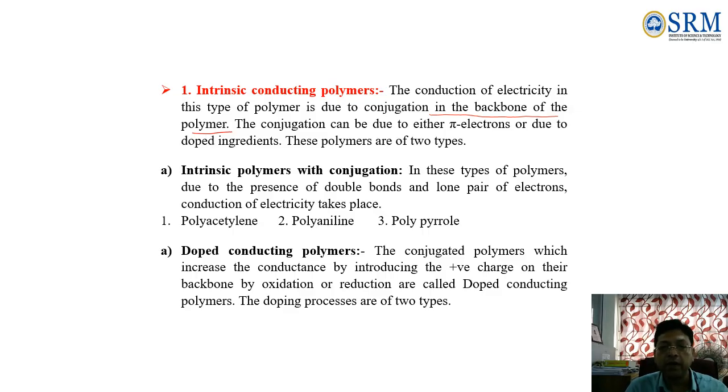The examples are polyacetylene, polyaniline, polypyrrole, etc. But whenever we add some dopants, the oxidation or reduction of the backbone takes place, and therefore there is a creation of positive or negative charge in the polymer backbone, and that leads to the enhancement of the conductivity. So these are referred to as doped conducting polymers. The doping process is also of two types, N-type doping and P-type doping.